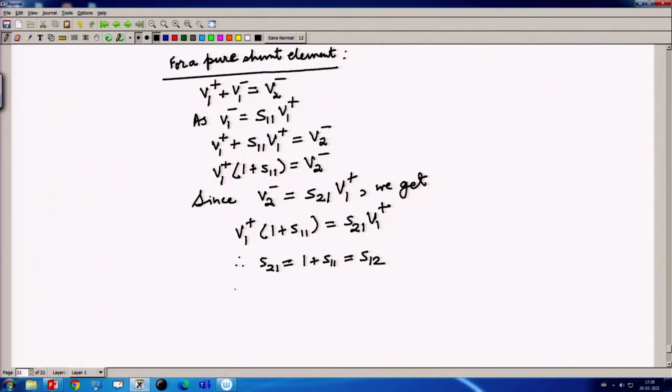So, 1 plus S11 is 1 minus jB by 2Yc plus jB, as we have already found out S11. And that is given by 2Yc by 2Yc plus jB.